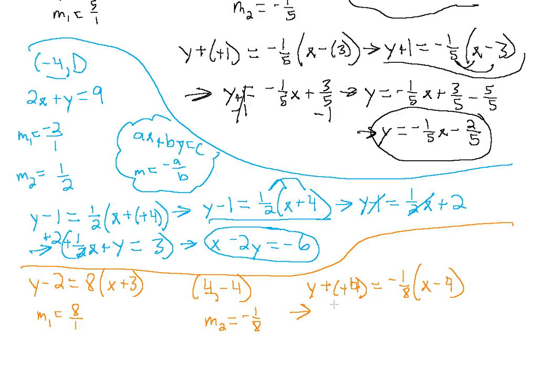We can cancel the negative signs, giving us y plus 4 equals minus 1 over 8 times x minus 4. And since our first line is given in point-slope form, we can actually leave this answer in point-slope form. We don't need to convert it to anything. So this is the line that is perpendicular to this line and passes through this point.